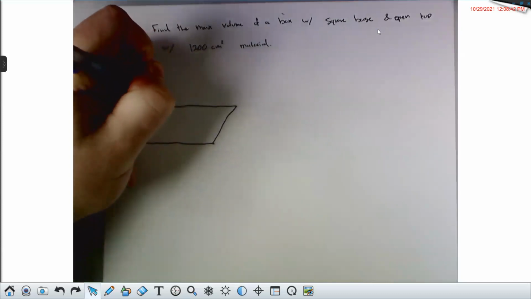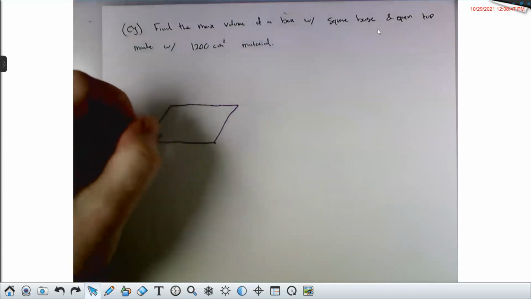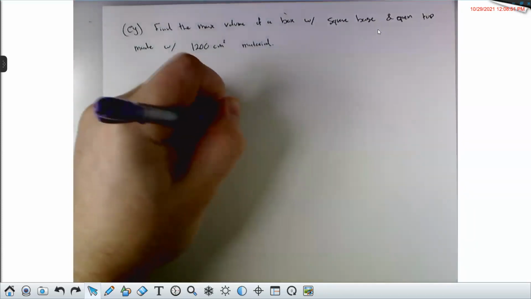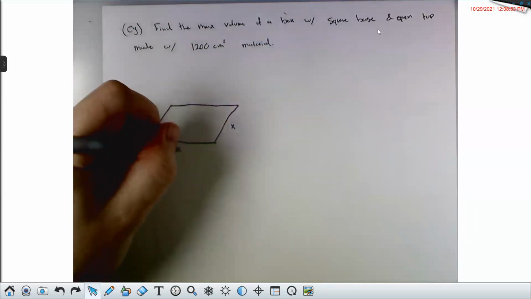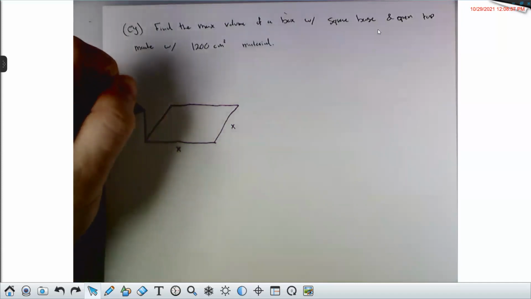So here is the base of my box. If this is going to be a square, then each of these side lengths I'll just call X. They're all the same. And then the height of my box is allowed to be whatever I want.